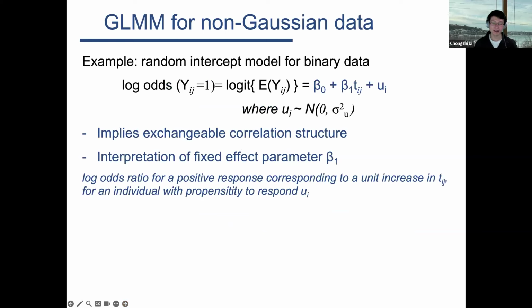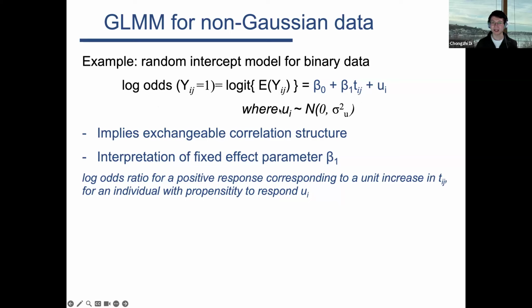Let's just give an example. Let's consider a random intercept model for binary data, right? You want to model the log odds of Yij, the j-th response for subject i, equals 1. For the fixed effects part, let's just use linear effects, beta 0 plus beta 1 times t. But in order to allow within subject correlation, you add a random effect UI, a random intercept.